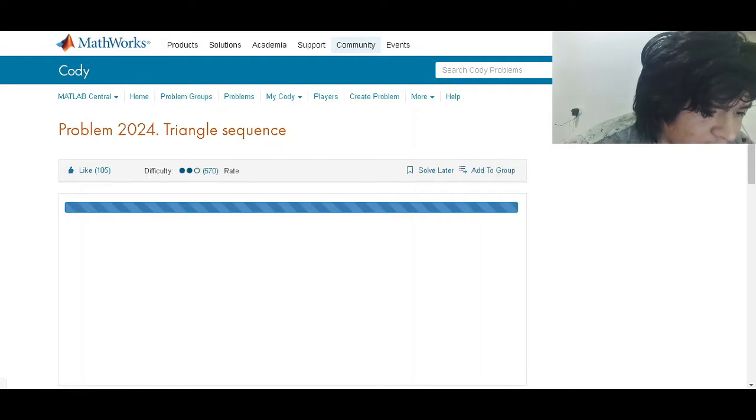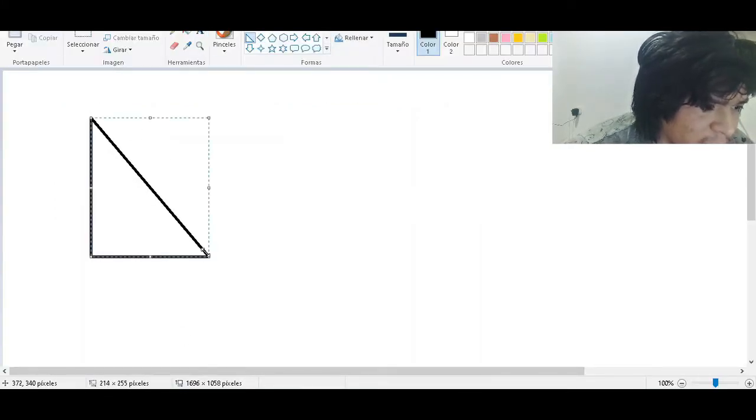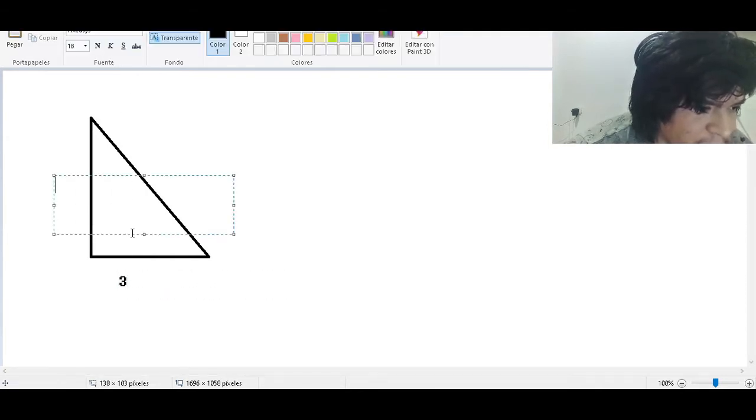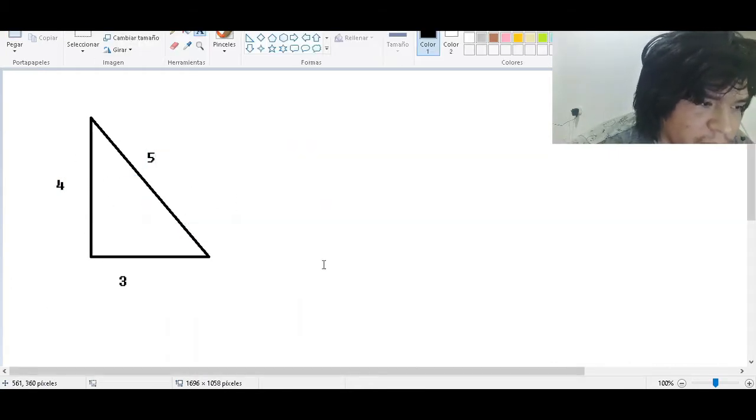Let's try to make some sense of that. So they say that first there is a classical 3, 4, 5 Pythagoras triangle here. And we know that this 3, 4, 5 triangle is a right angle triangle.